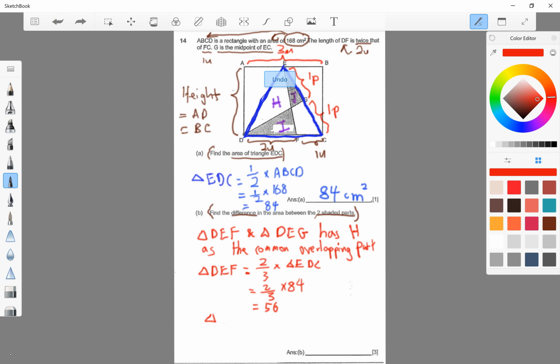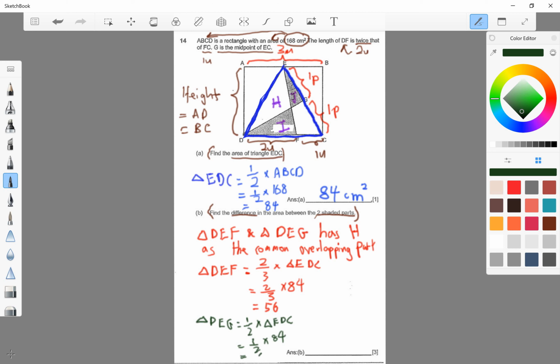Let me change the color so that it's clearer for everyone. I'm changing to green now. So triangle DEG is half of triangle EDC, which leads us to half of 84. And what would that be? Half of 84 is 42.